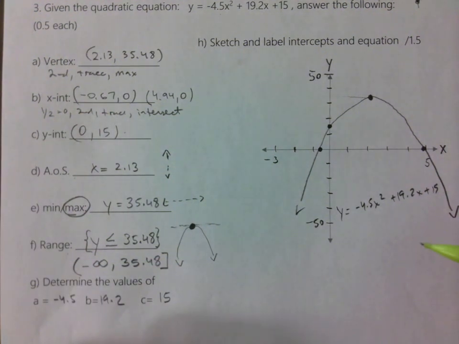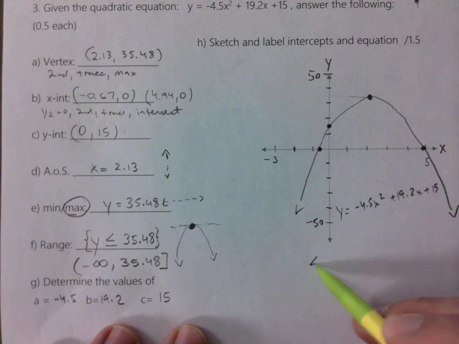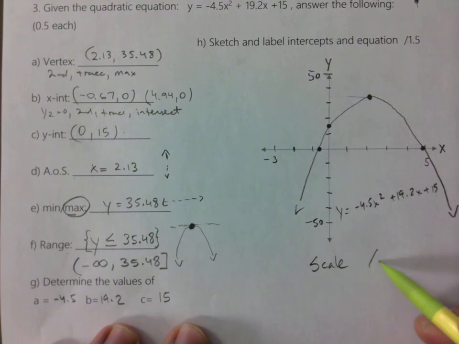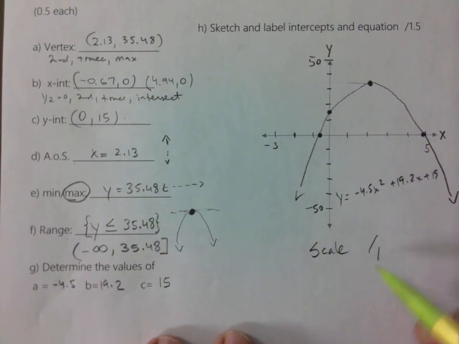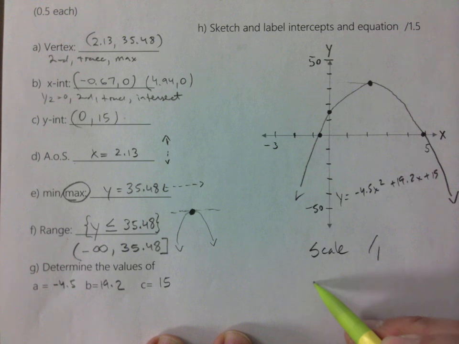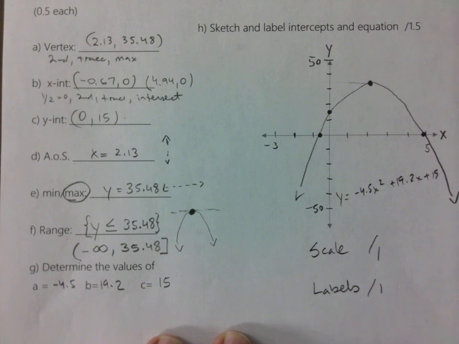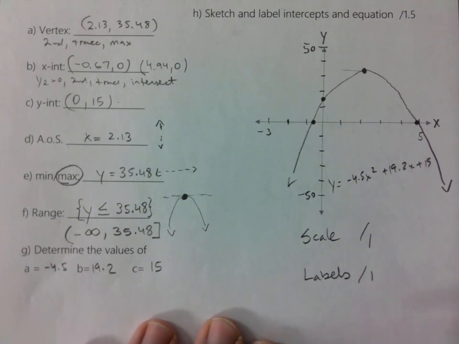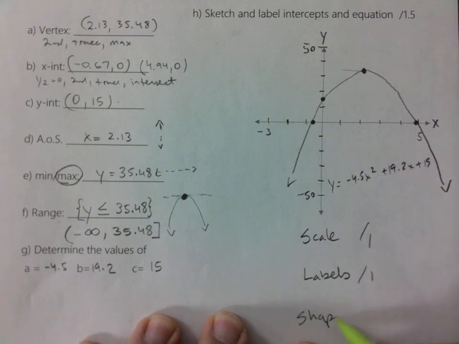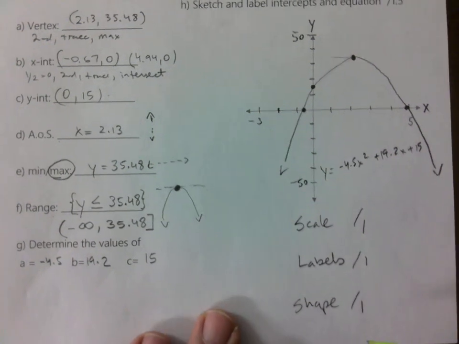Like that. So I would basically give you a mark for scale. I would give you a mark for labels. And that means your axes, your equation, all of that, and I would give you one for shape. That's actually what the province does.